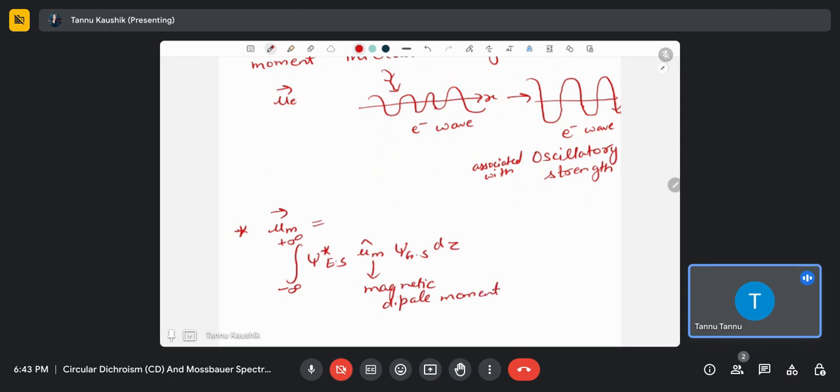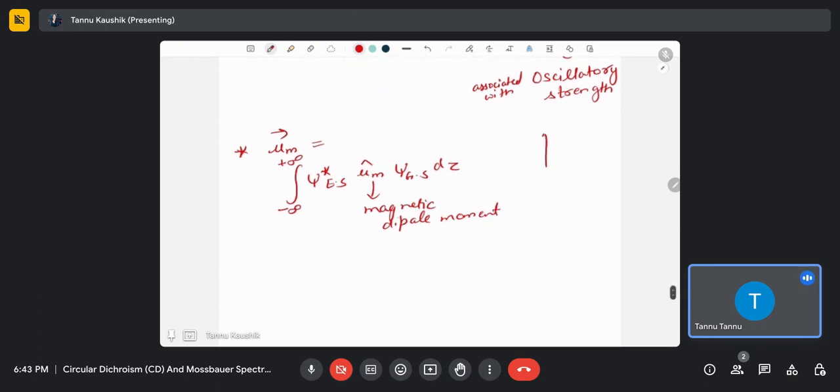So how does this magnetic dipole interact? This magnetic field is generally perpendicular to the electric field. So this magnetic moment vector is directly proportional to the cross product of the distance vector, that is xyz coordinates, into the momentum of the particles, that is the momentum vector.